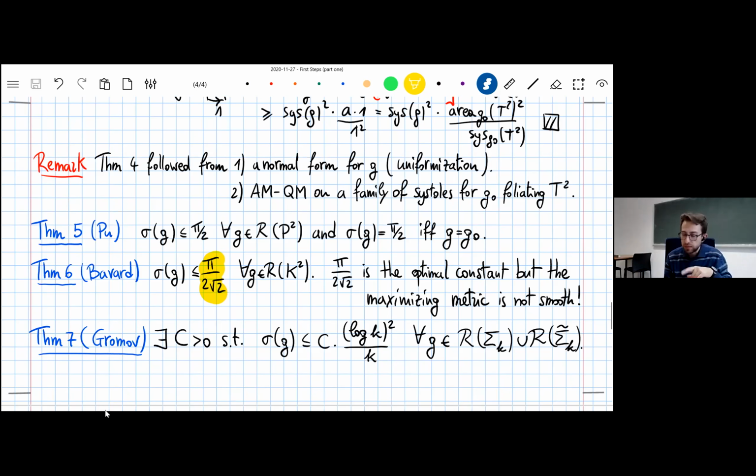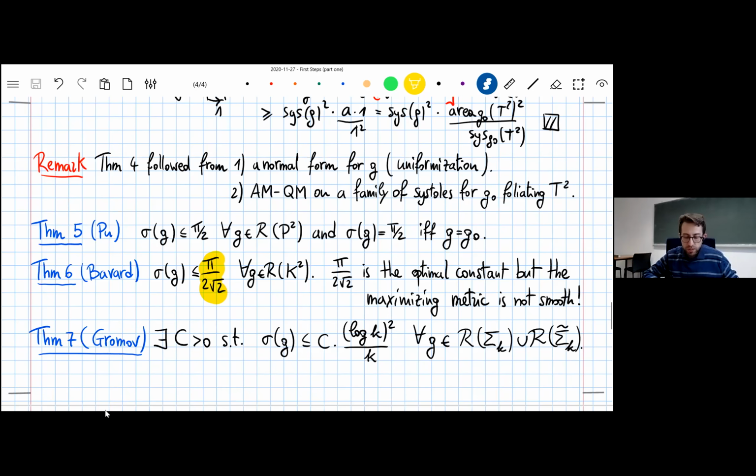A way to think of this non-smooth metric is that you glue two Möbius strips together, and each Möbius strip has constant curvature 1. By gluing them, you will have a corner, and you cannot smoothen this out.